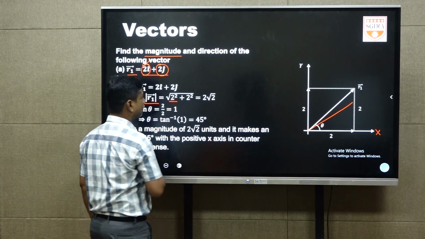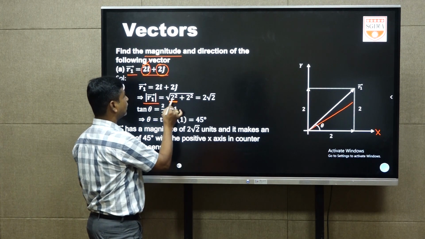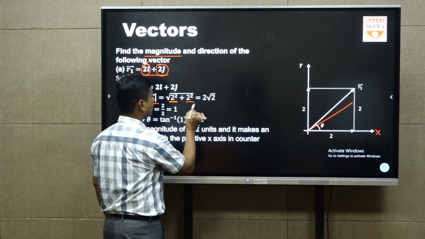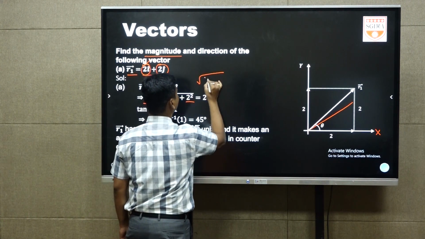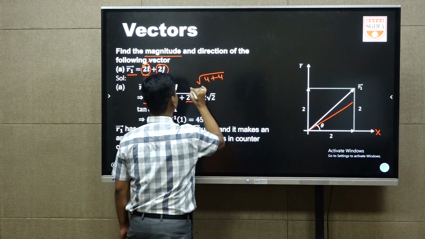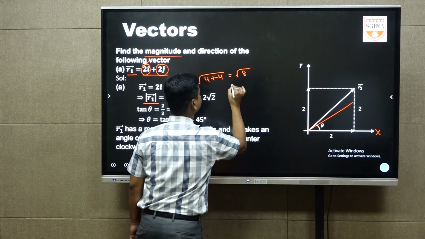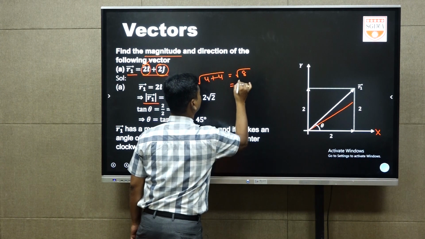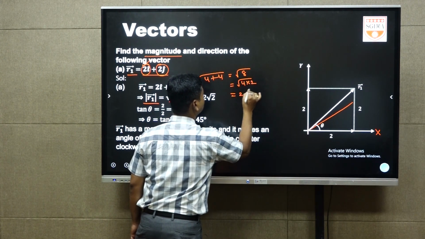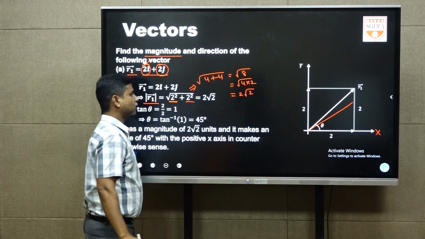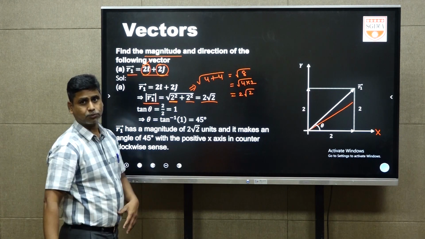Here that is 2 square plus 2 square, which is 4 plus 4, equal to root 8. We can write 8 as root of 4 into 2, so 2 comes outside the root, and the answer is 2 root 2. That is the calculation of magnitude.